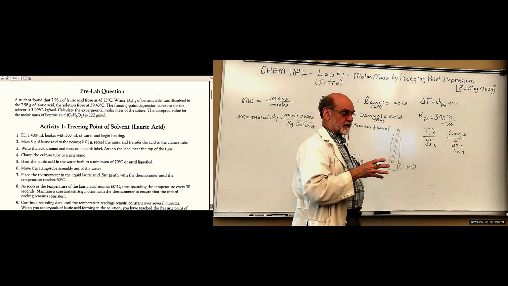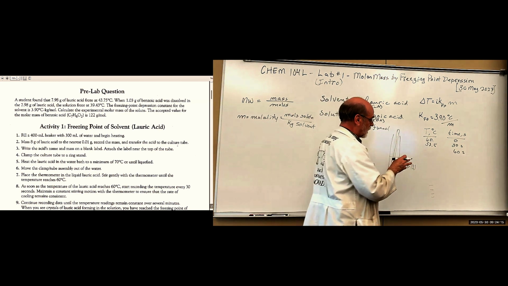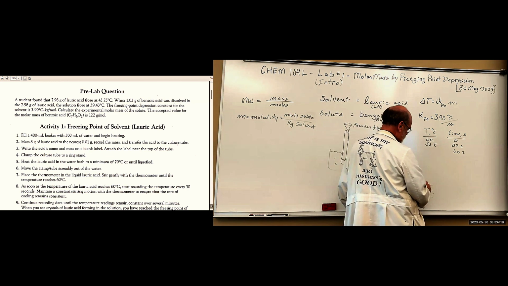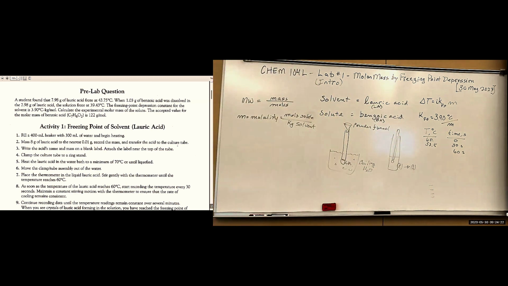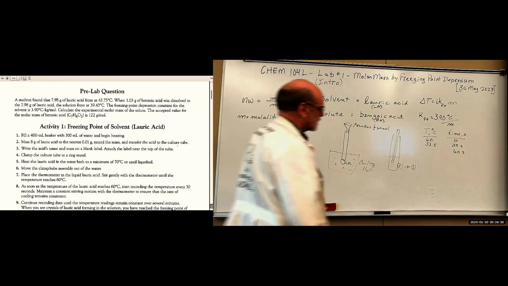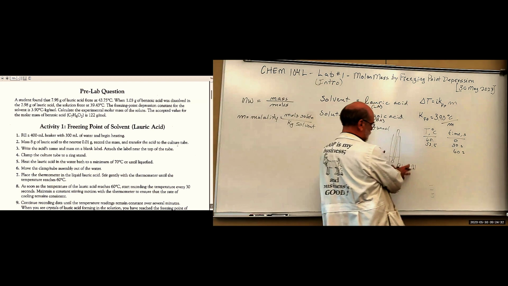What I've noticed sometimes is the temperature will get down to, well, I don't know. Let's see, what does our problem say? This pre-lab problem says we're in the neighborhood of 39, 43. Let's say it's 43 degrees for the pure substance.